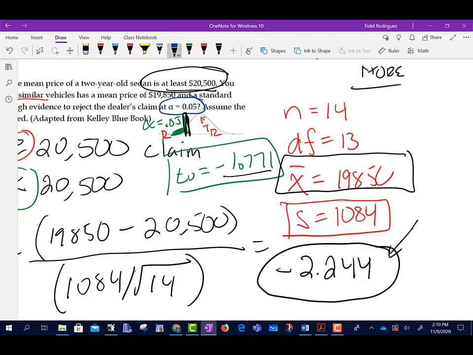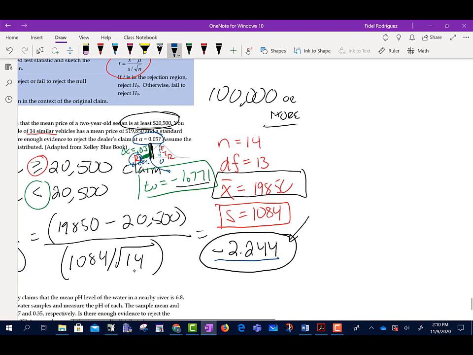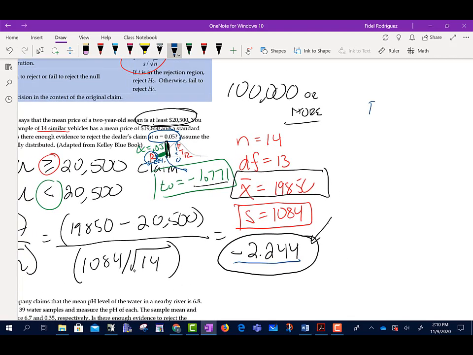Just to give you an idea, remember right here in the middle, this was 0, this was at negative 1.771. We came up with a negative 2.244. That's going to be even further to the left, and it falls in the rejection region, right? So what do we say we're going to do? Because it fell in the rejection region, we're going to reject that null hypothesis.